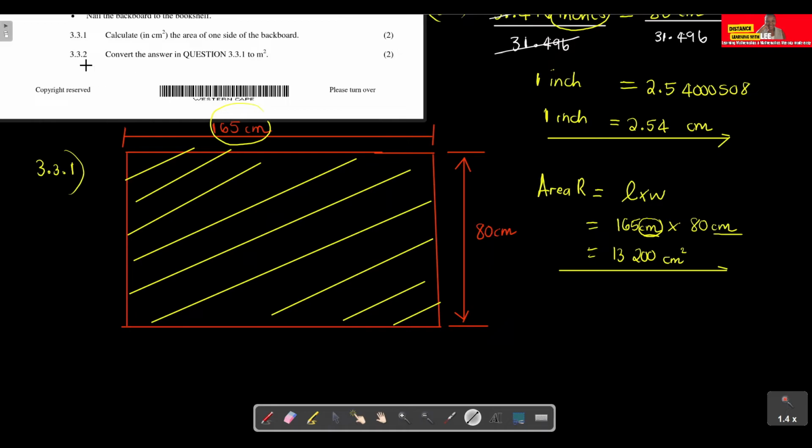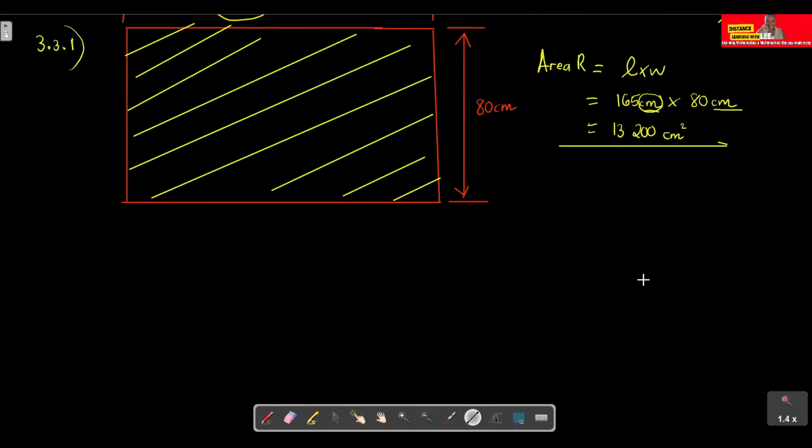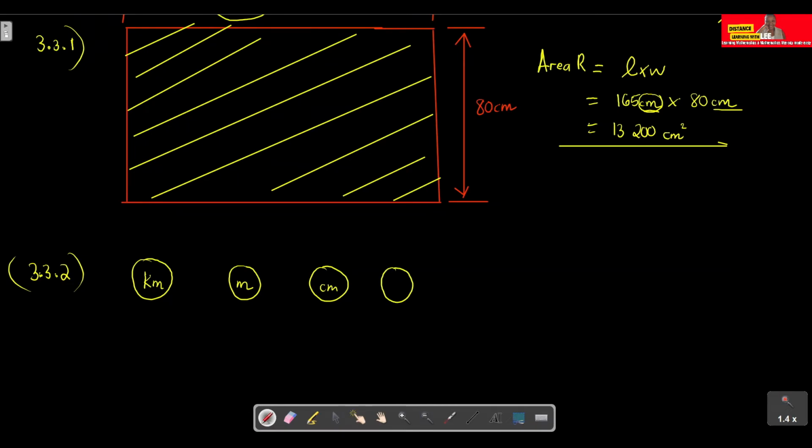Now it says convert the answer in question 3.3.1. So this answer that we've just obtained, in meters squared. How would we convert these centimeters squared into meters squared? This is question 3.3.2. Remember guys, we're still going to use this concept of kilometers, meters, centimeters, and millimeters.